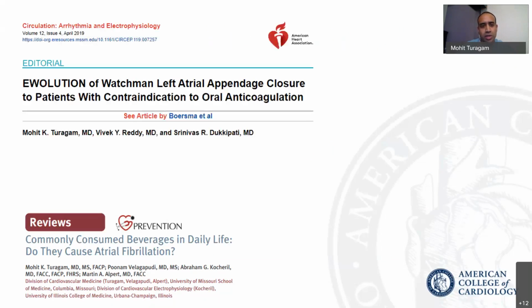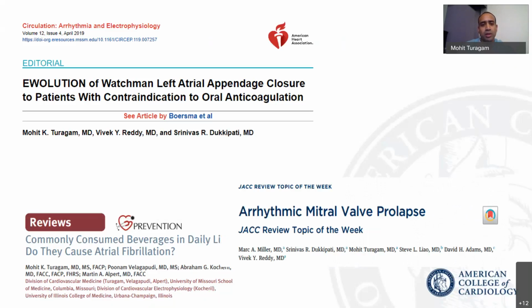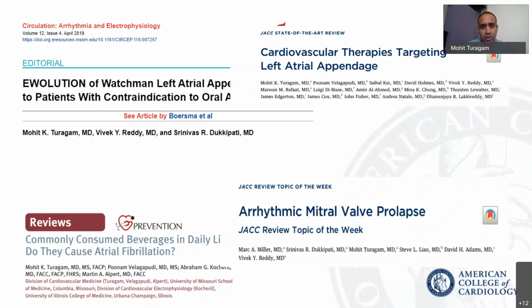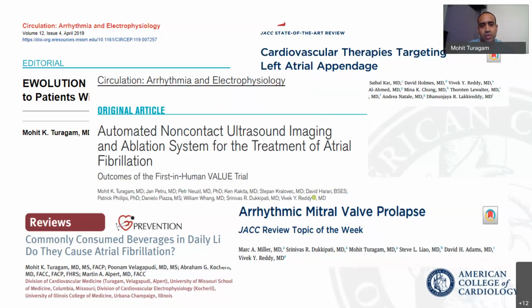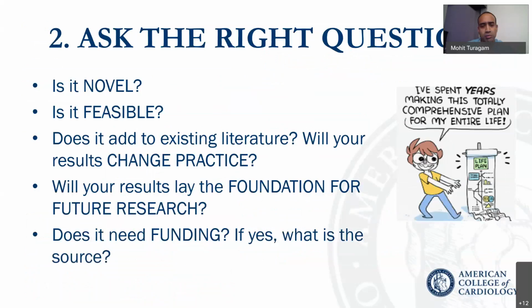And eventually you start working with people and things start to get better. And then at some point you will be invited to write a state-of-the-art article for some major journal, and eventually be a first author of a first-in-human clinical trial, or a randomized controlled trial, at a high-profile journal. So the process is long, and it is important to take one step at a time.